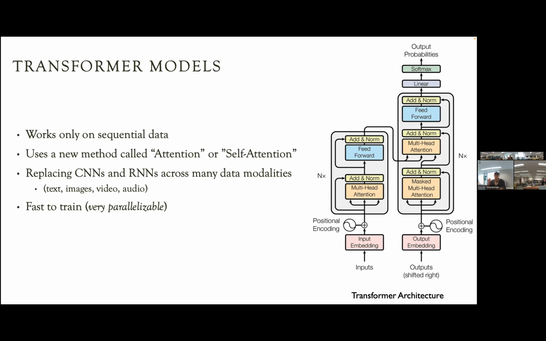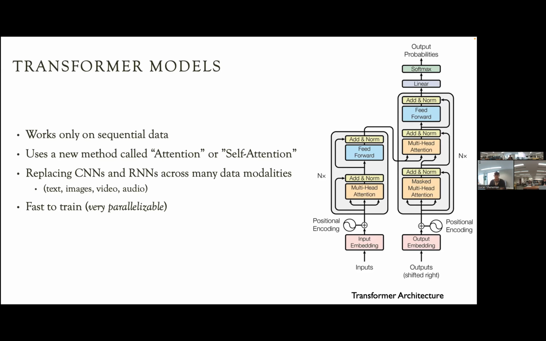But in general, this tended to replace convolutional neural networks and recurrent neural networks across all sorts of data modalities. It turns out you can take an image and serialize it into patches and use transformers on images. A lot of people are now doing that instead of convolutional neural networks. You can do it on text, obviously, video, audio.